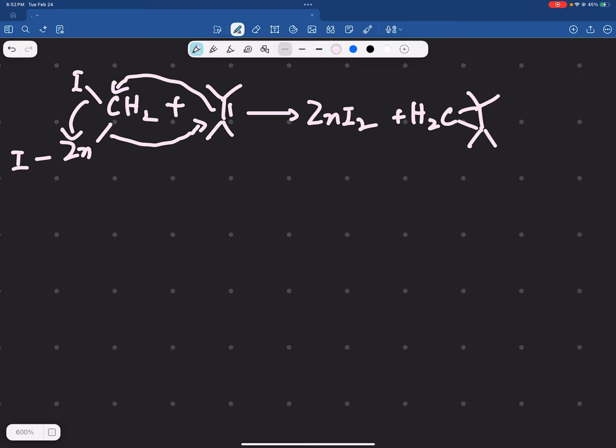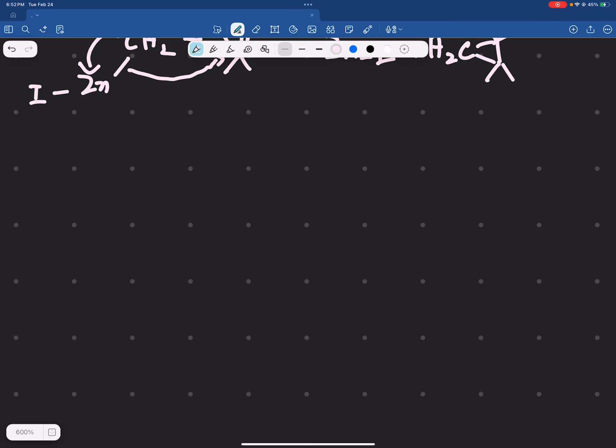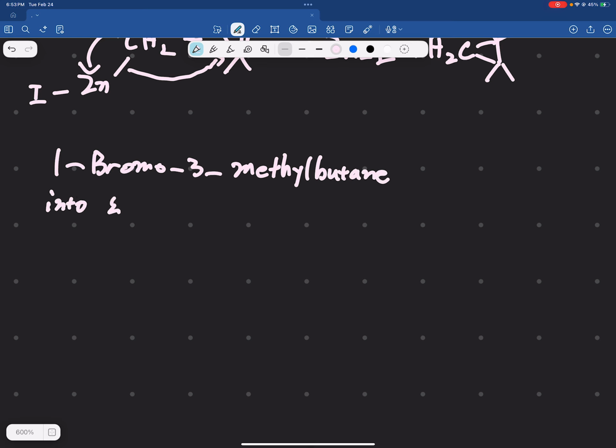So let's go over a problem for the Simmons-Smith reaction. How would you convert 1-bromo-3-methylbutane into 2,7-dimethyloctane?